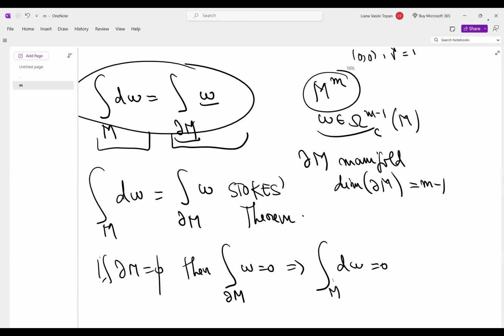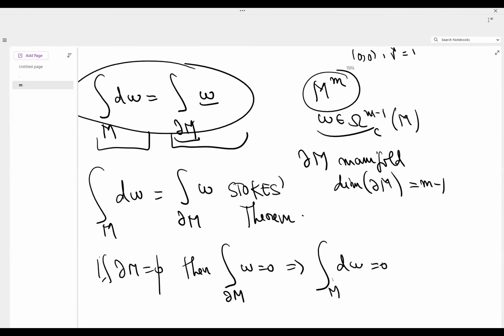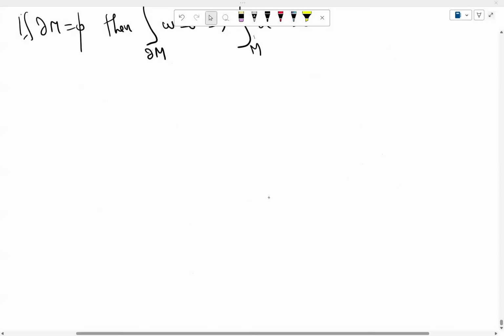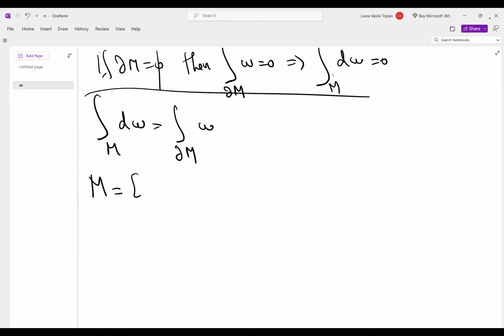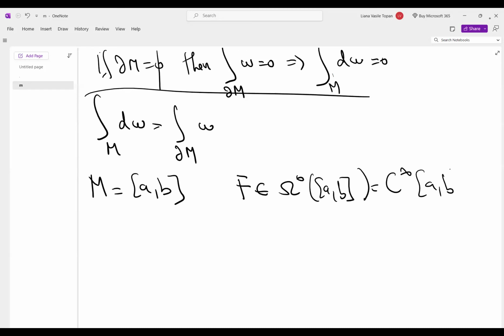So let's see what happens if we apply this Stokes theorem on a segment. Again, the integral over M of d omega equals the integral over the boundary of M of omega. Let's take M to be the closed interval AB with the standard orientation, and let's take f to be a 0 form on AB. The 0 form means smooth functions on AB, if you remember.